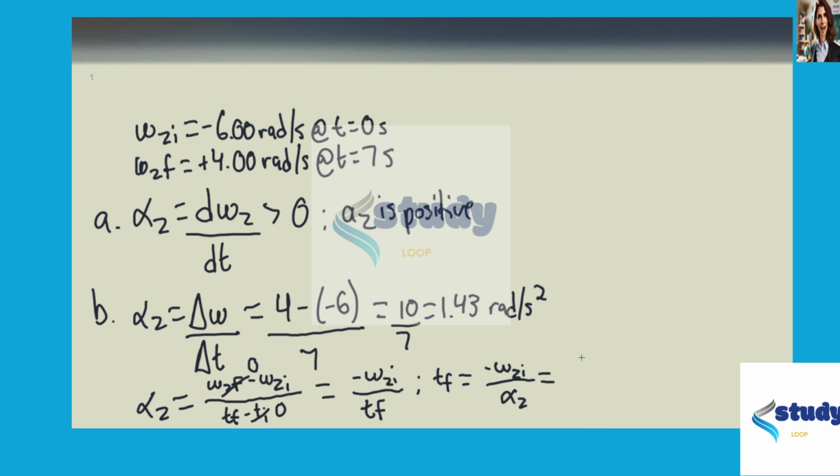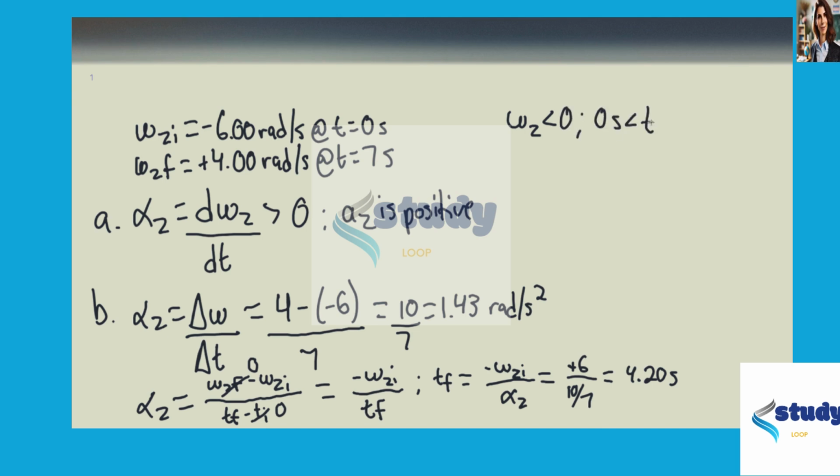And this is going to be equal to 6 over 10 over 7, which is 4.2 seconds.